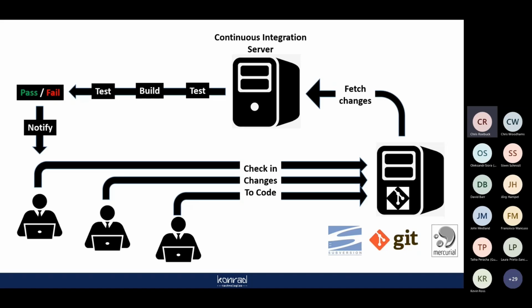But we're going to pull the latest or fetch the latest code that has been committed. We're going to test it. We're going to build some kind of output, might test it again, and ultimately we're going to generate a pass-fail result to say it passed the tests. It was able to be built successfully, and it's going to notify the team of that outcome.